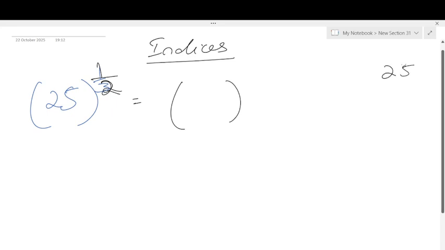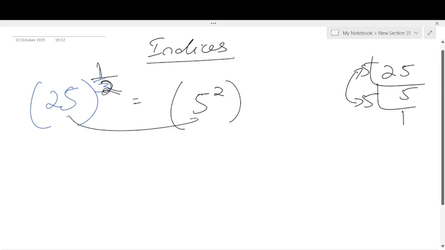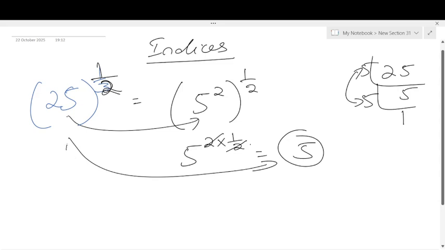Find the factors of 25. 5 fives are 25. How can I write 5 into 5? Can I write it as 5 square? Right? So 25 is a perfect square. Convert into 5 square to the power of 1 by 2. Now when you open the bracket, what do you get? 2 into 1 by 2. Which one gets cancelled? So what's the answer? 5.